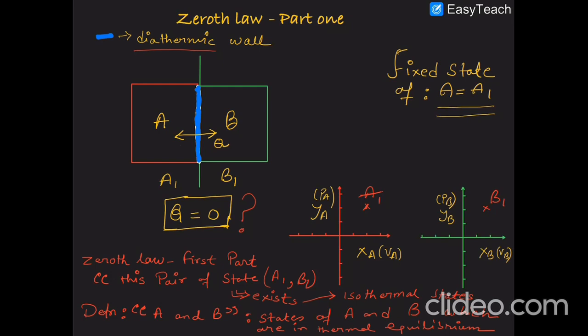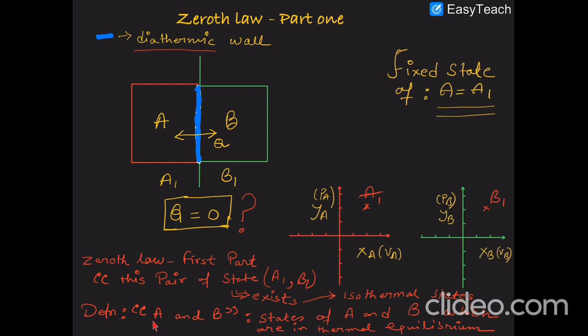Now if such a state exists, then that comes to the first part of the zeroth law. This pair of states A1 and B1, if it exists, are called the isothermal states.